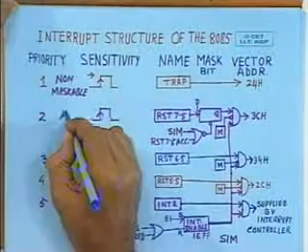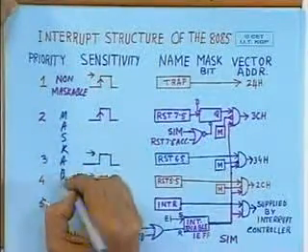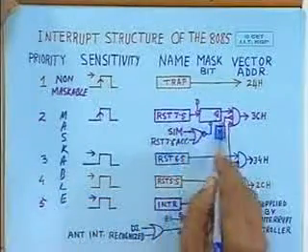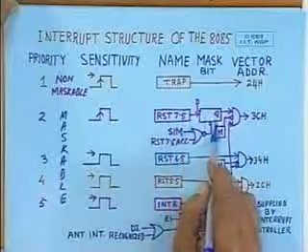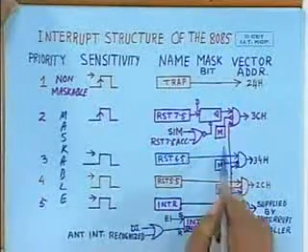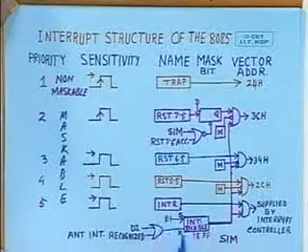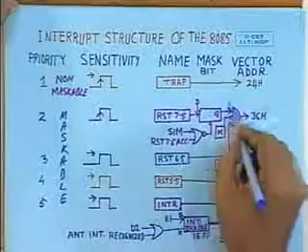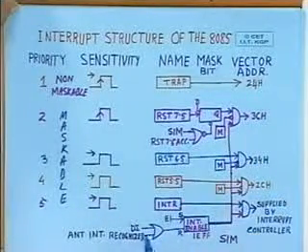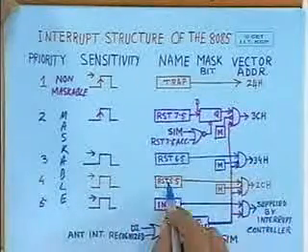These are maskable because you can mask them with the help of those flag bits. RST 7.5 flag bit here, here, and here, with the help of an instruction. Or you can disable the entire set of maskable interrupts by using the disable interrupt instruction, or you can enable all of them by using the enable interrupt instruction.